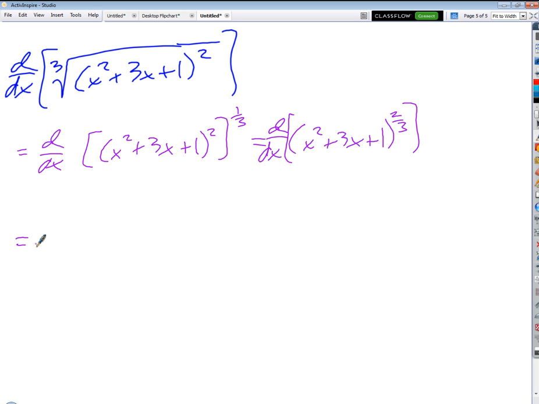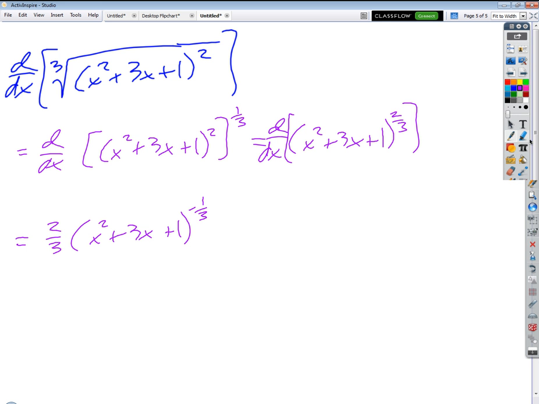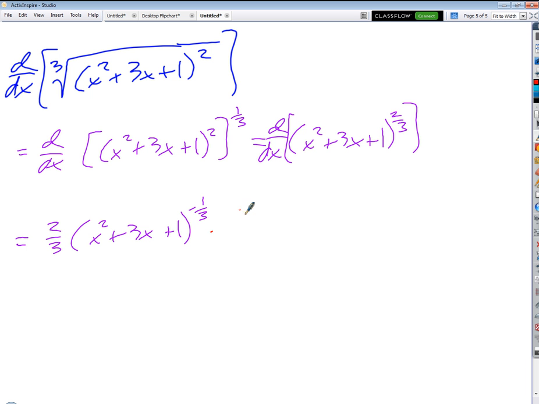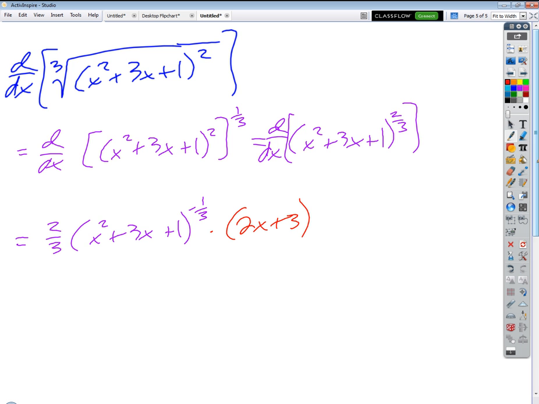By the chain rule, I've got 2/3 times the quantity to the negative 1/3, times the derivative of the quantity, which is 2x plus 3.